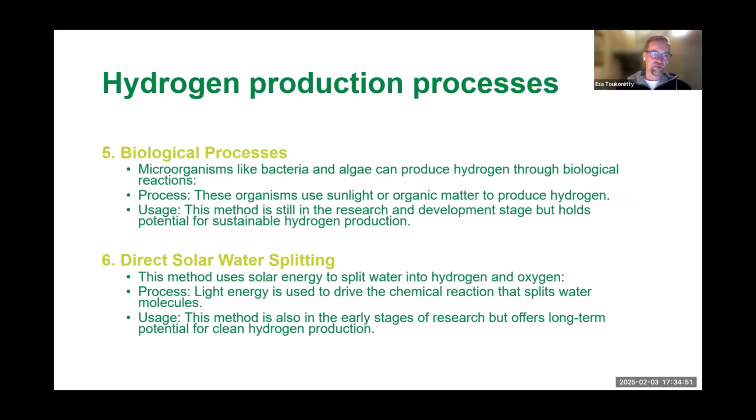These are not that common, but there are biological processes that produce hydrogen, and I'm personally not very familiar with how these work and what their significance is at the moment. Also, some of the reference materials mention direct solar water splitting.